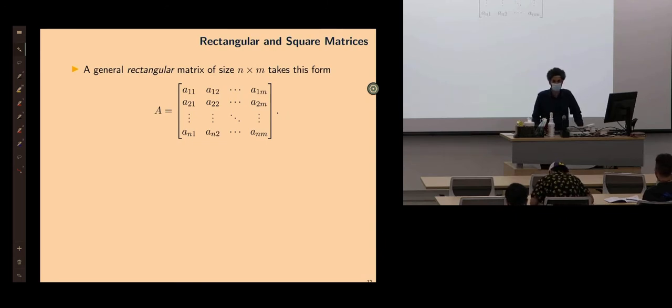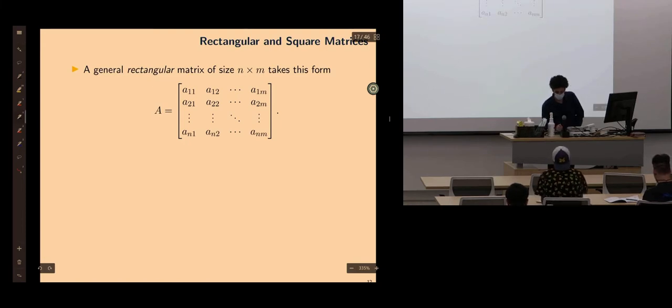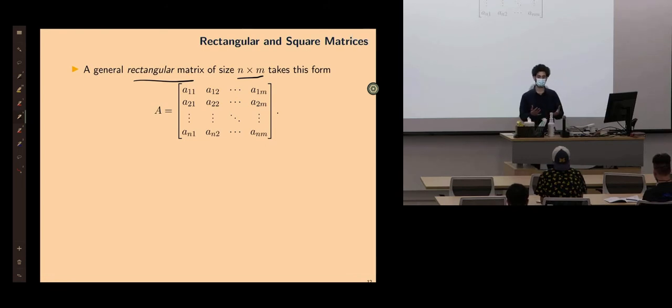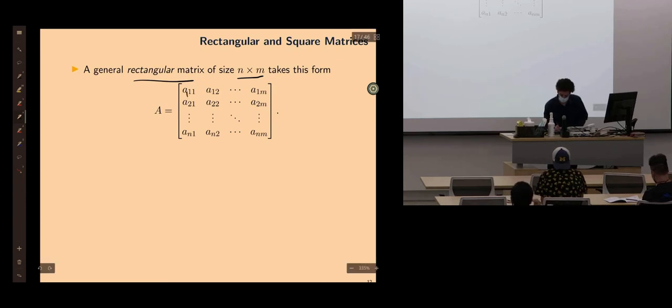What about a rectangular matrix? What about a square matrix? Sorry, this is a rectangular matrix. Now it has n rows, m columns. When we want to write it in general, it's very common to write it like this, with all the entries and their indices. Remember, the first one was the row index.